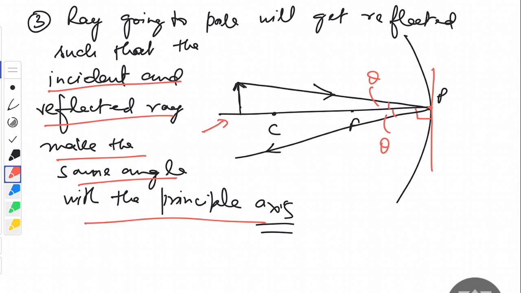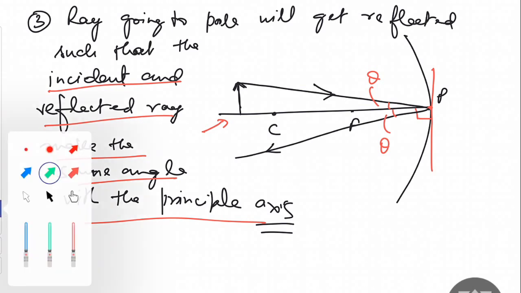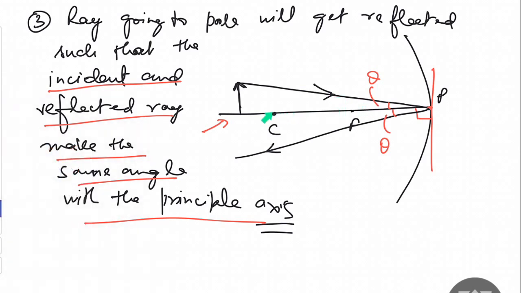Theta is the angle between the, okay, so here, this is my principal axis, and this is the incident ray. Watch, the ray goes from here, goes like this, and then gets reflected like this, correct? So theta is the angle between the incident ray and the normal.